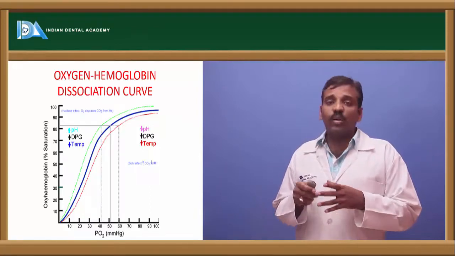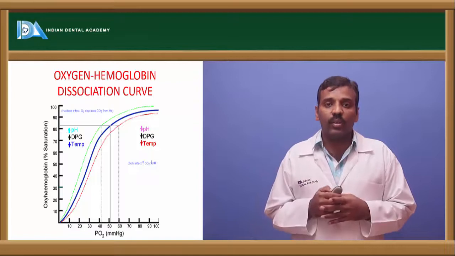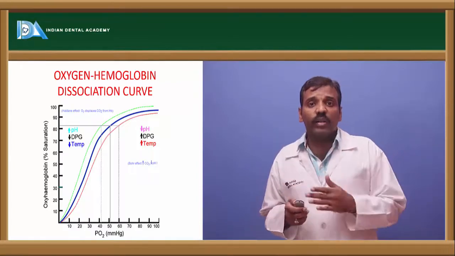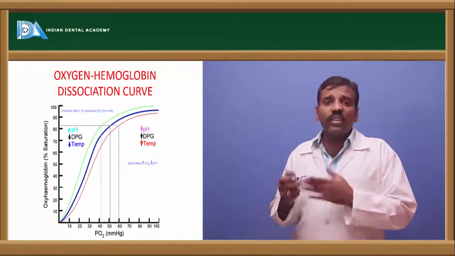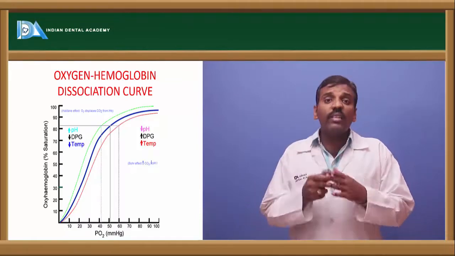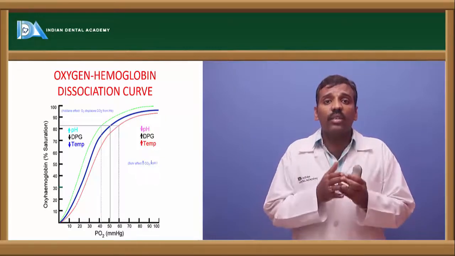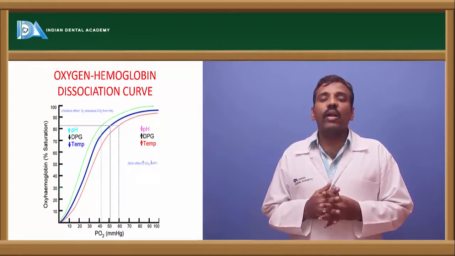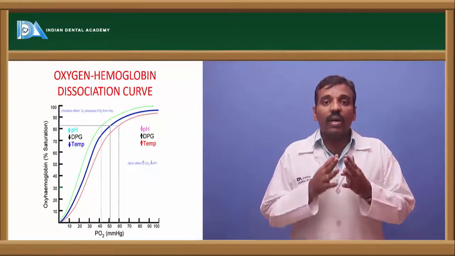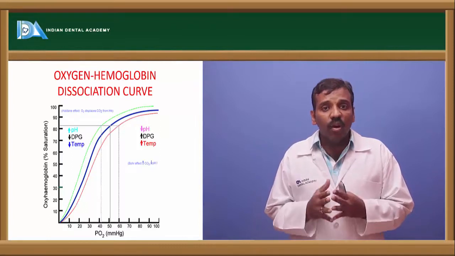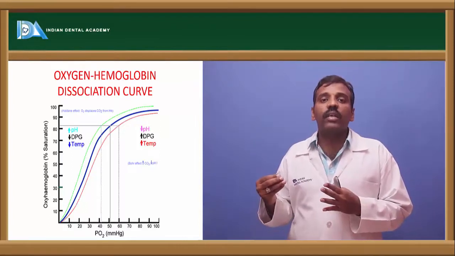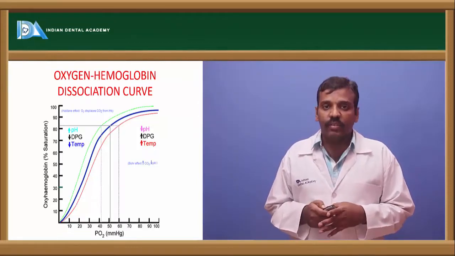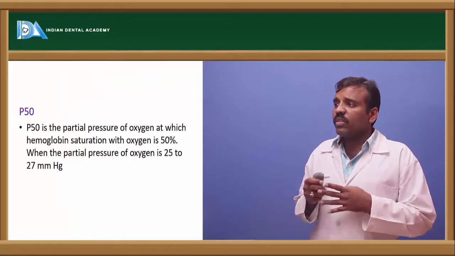Normally, the blue line shows normal dissociation, and it can be shifted to the left or shifted to the right, and there are some causes for that. When 50% of the hemoglobin is saturated with oxygen, the partial pressure of the oxygen at that level is called P50.